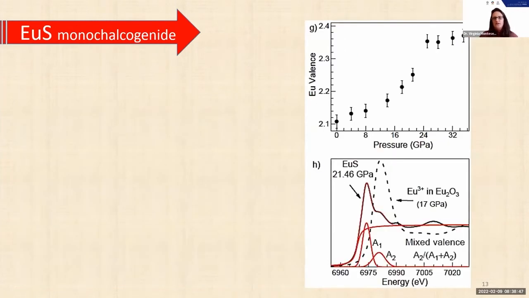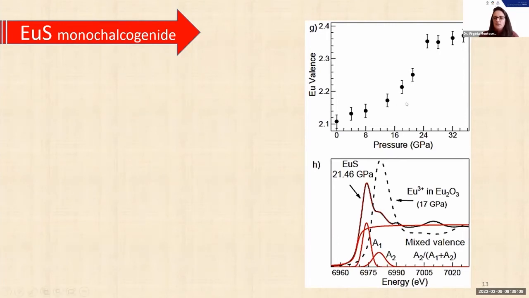Another interesting result is the europium valence change when the pressure increases. At the beginning, we have europium 2+, but then as pressure increases, we get a mixed valence state for europium in europium sulfide.